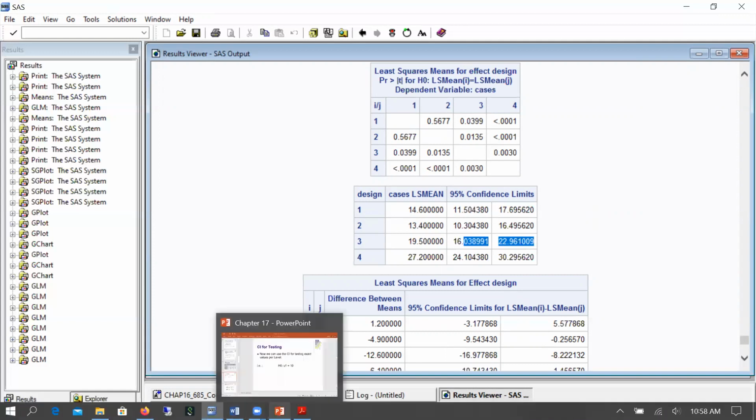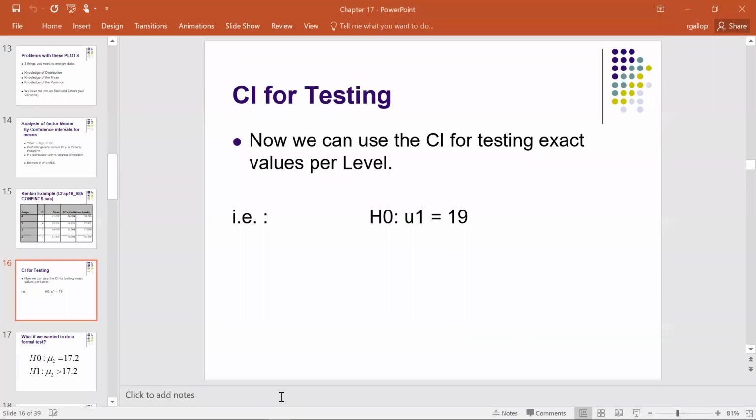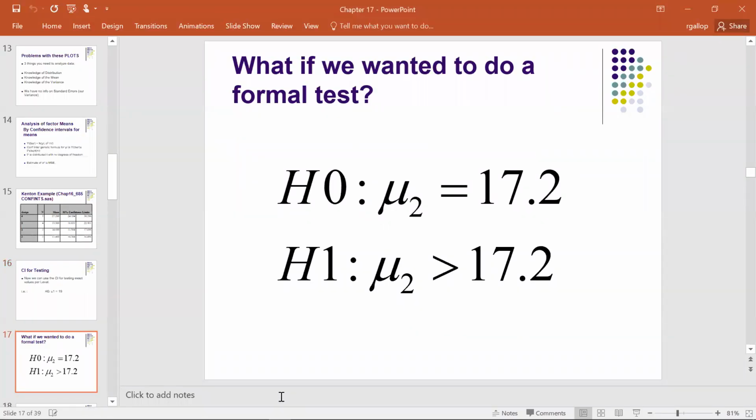Suppose in this situation we wanted to do a one-sided test of the null that the mean is equal to 17.2 in favor of the alternative that the mean is truly greater than 17.2.